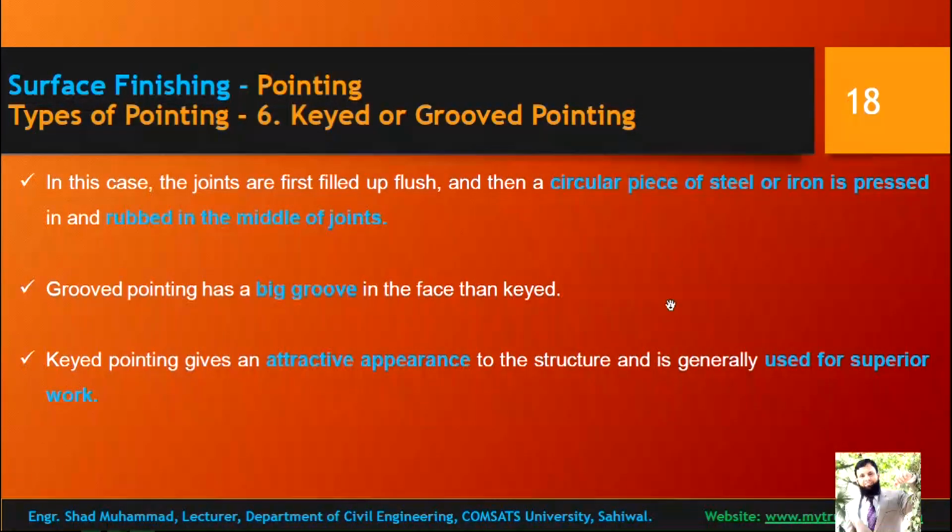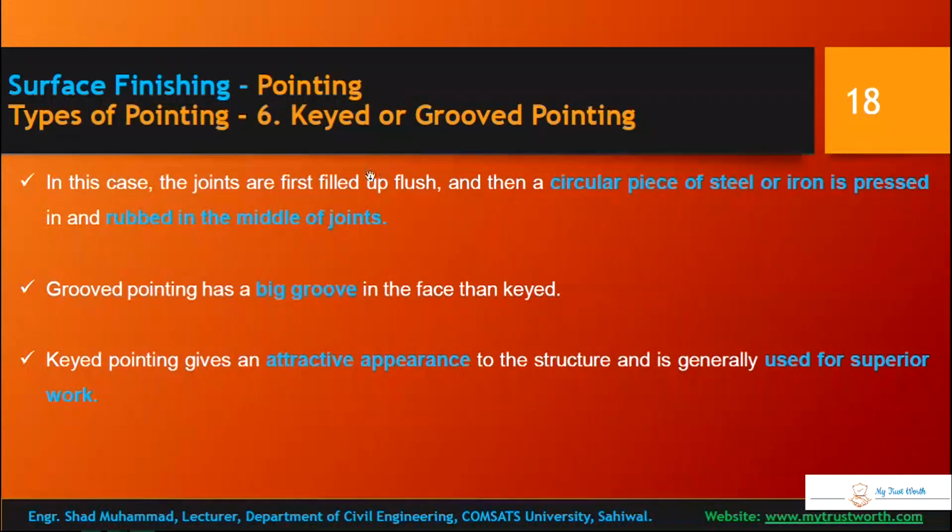There is a joint in between two brick walls, not two bricks, and first you have flat pointing, and before it is hardened, with the help of tools, you can create a key or groove pointing.